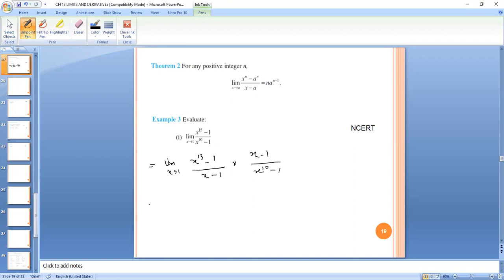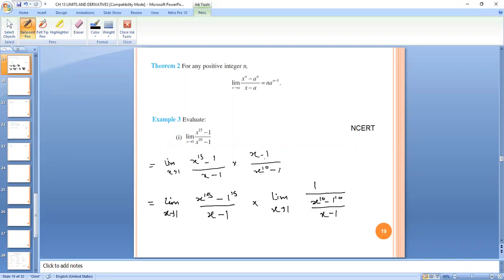So in the next step, we can write it as limit x tending to 1 of (x raised to power 15 minus 1 raised to power 15) upon (x minus 1) into, applying limit over here also, limit x tending to 1 of 1 upon (x raised to power 10 minus 1) over (x minus 1).